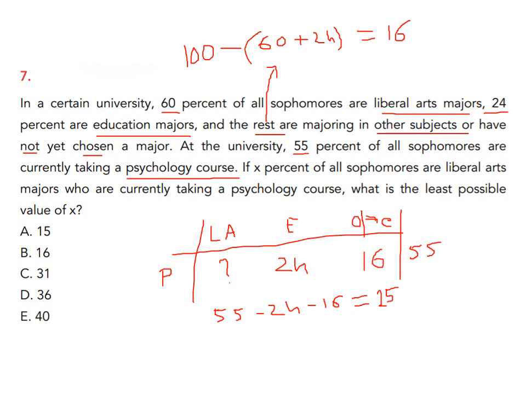So 55% are taking a psychology course; the total is 55, the education majors are 24 and others are 16. 55 minus 24 minus 16 equals 25. That is the least possible value of X, the liberal arts majors currently taking a psychology course. So the answer will be A.